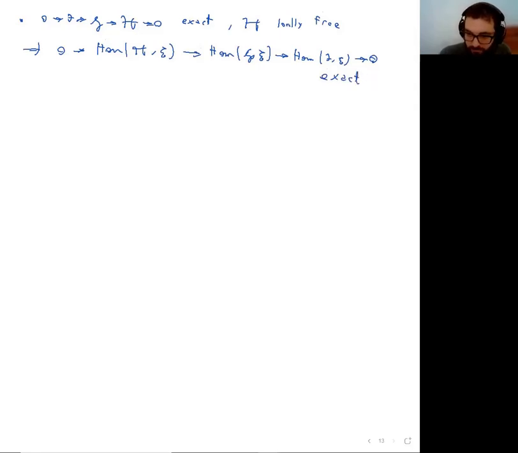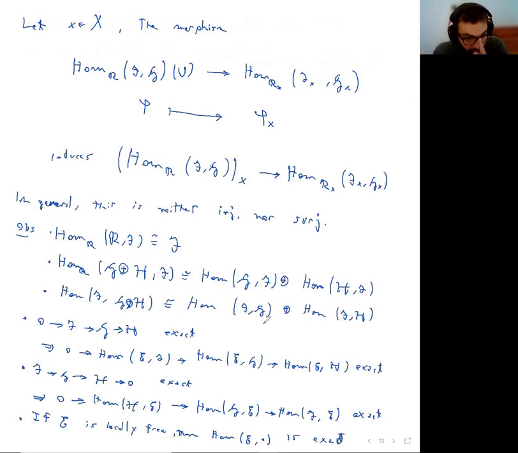Okay. And yeah, so this is just a list of nice properties of this Hom functor, which of course are related and are provable using the same properties that we saw for modules.